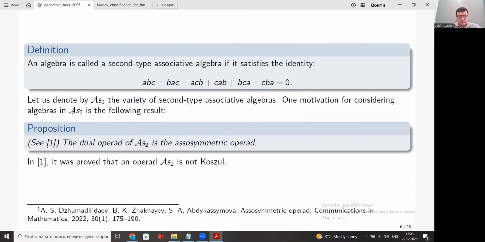Again, we consider the operad S2 and compute its dual operad. If you compute the dual operad of S2, then you obtain the asymmetric operad. In work 1, it was proved that the asymmetric operad is not Koszul, and it was shown that the brother of S2 is asymmetric. It was done in 2022 by Dzhumadildaev and Zakhaev.